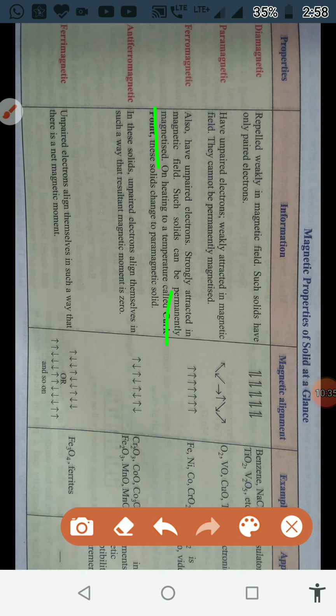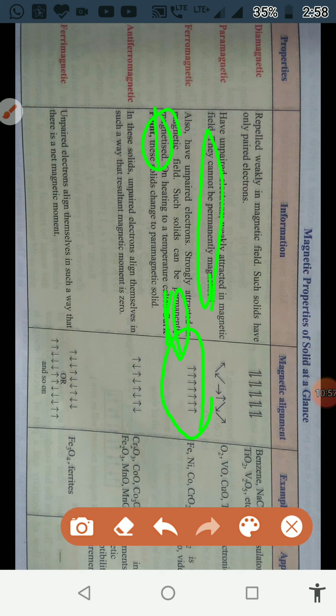The ferromagnetic substance can be permanently magnetized, but the paramagnetic substance cannot be permanently magnetized. In a ferromagnetic substance, all the domains are aligned in a single direction.